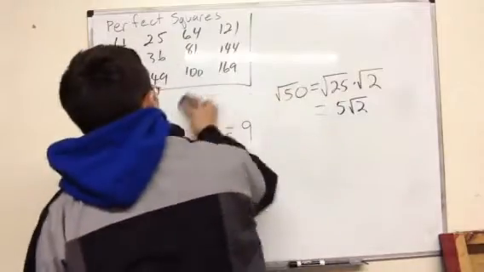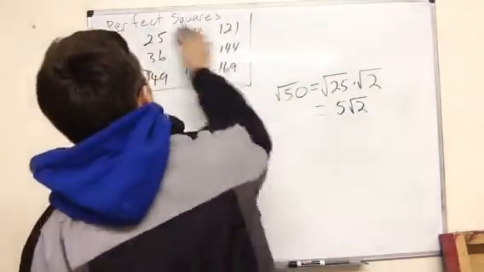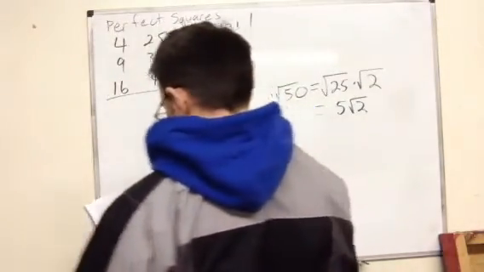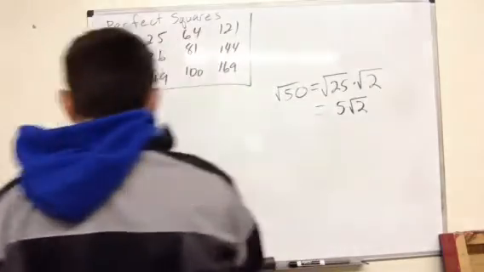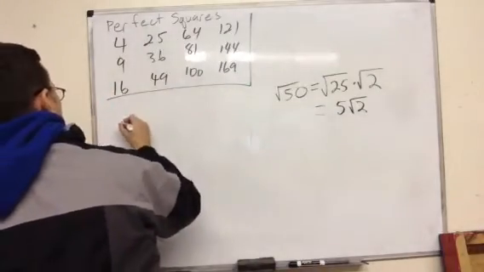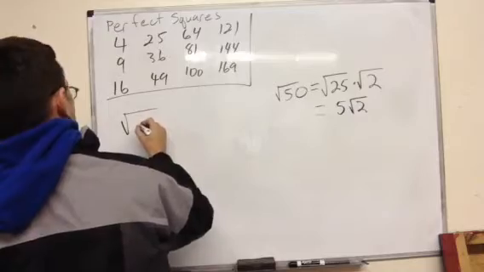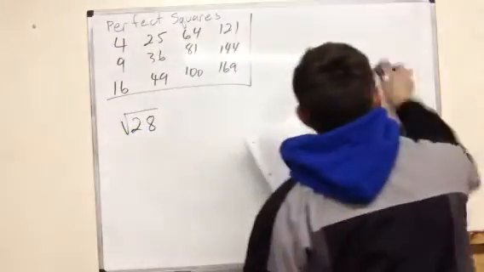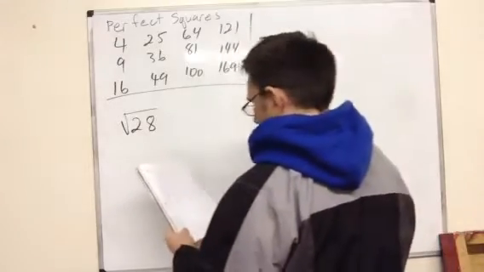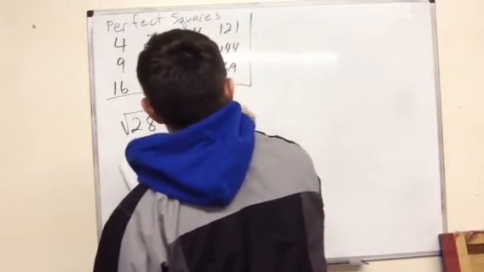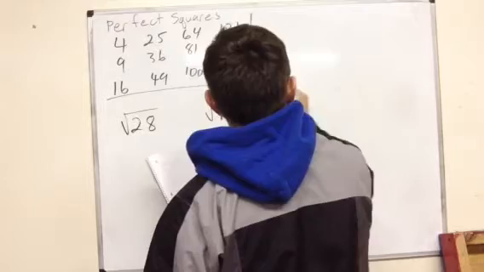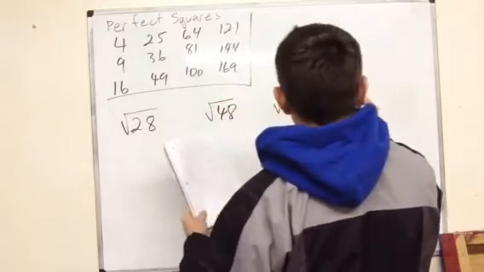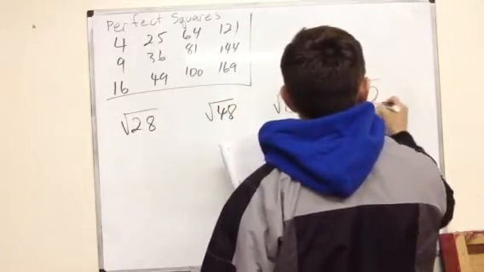So when we're doing this, we always want to look back at these numbers. I think I started off with 4 numbers: the square root of 28, the square root of 48, the square root of 80, and the square root of 72.